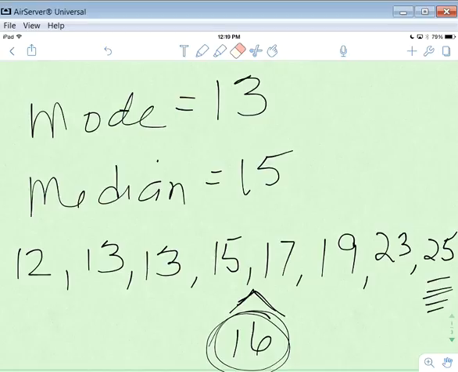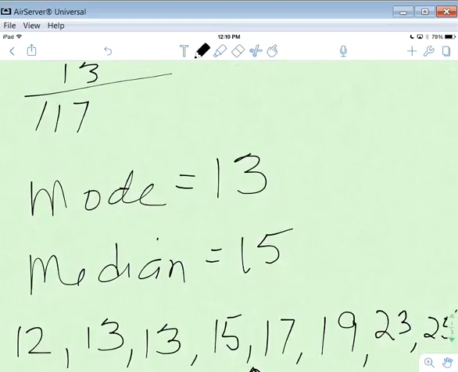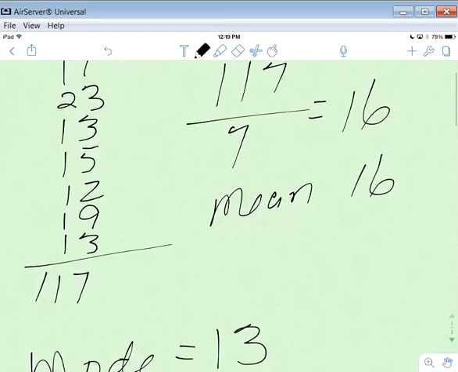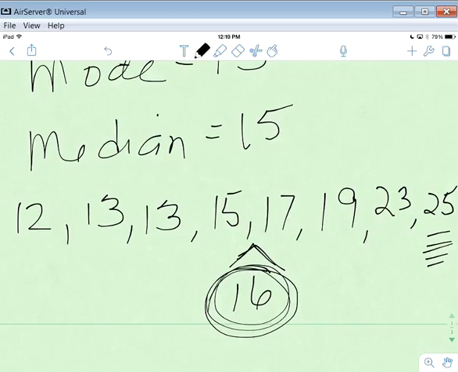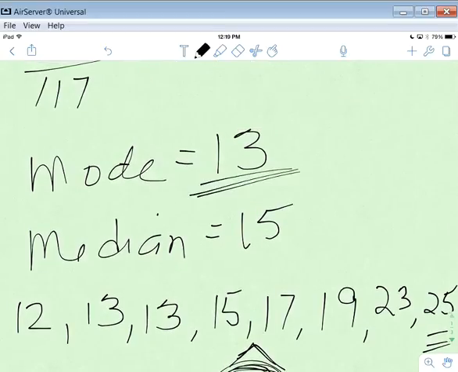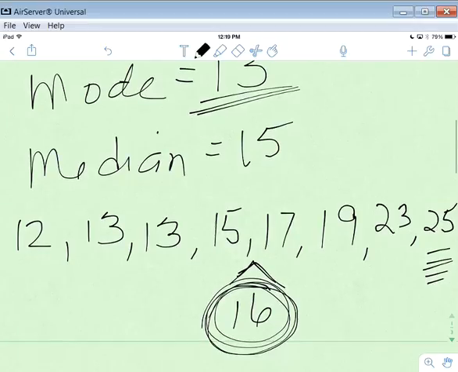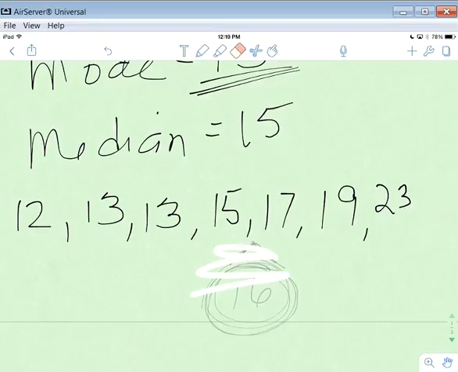The mean here in that scenario, and the median would be the same number, and the mode would be, of course, 13. But that's just for the sake of example. That is not our situation. So I'm going to take the 25 off here because we don't have that, and I'm going to take this out.